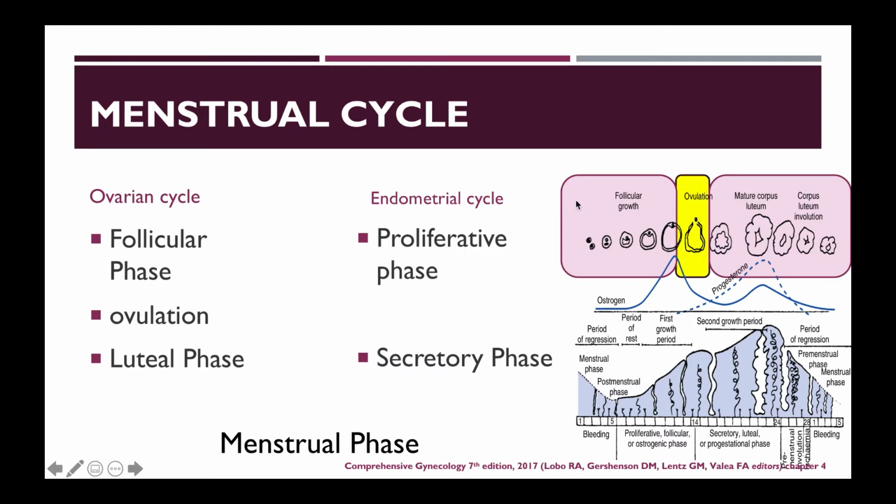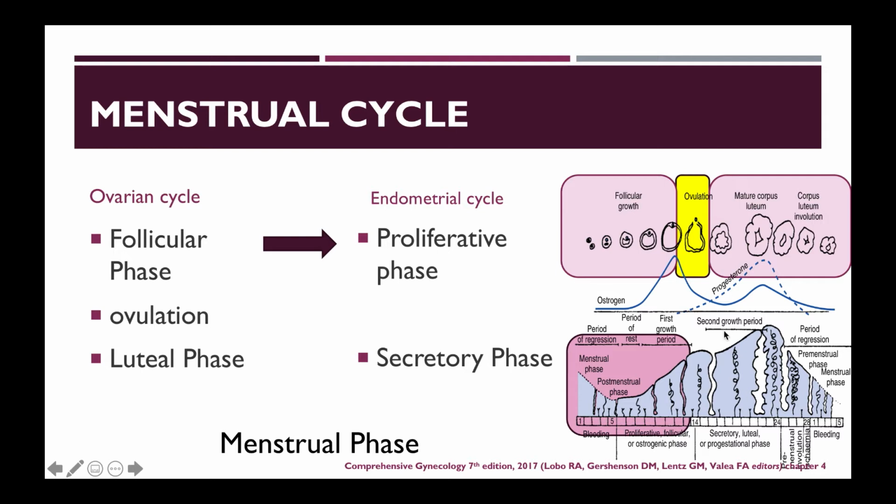So for the endometrial cycle, the first phase, or the first half of the menstrual cycle, is the proliferative phase. So the follicular phase corresponds to the proliferative phase. Both of these refer to the first half of the menstrual cycle, so they are coordinated, and sometimes these two terms are interchangeable.